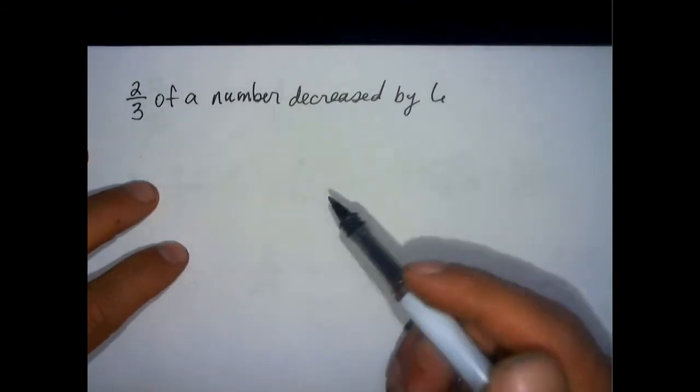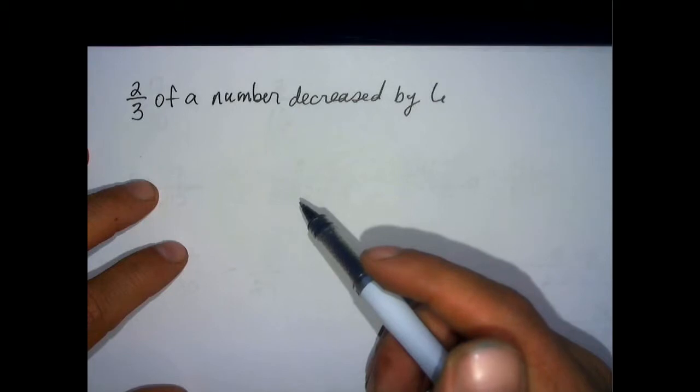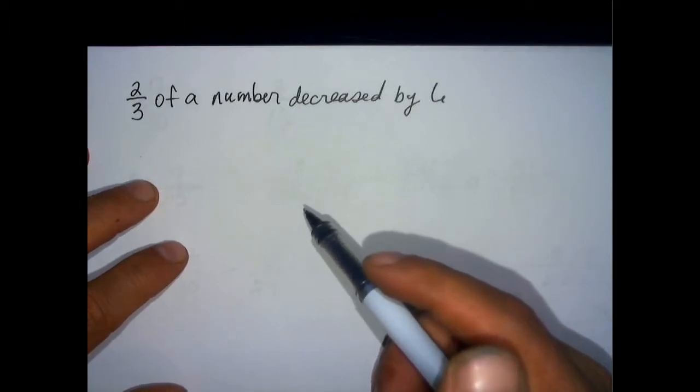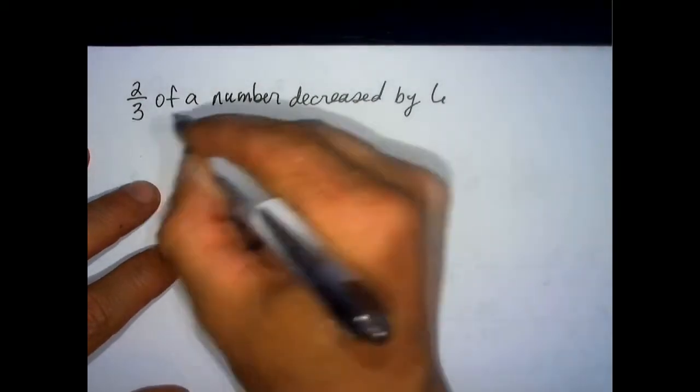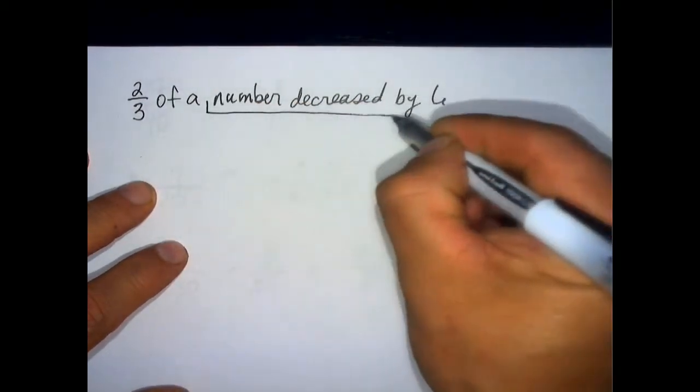Now, remember what I said about commas. Is there a comma? No. So we're taking 2/3 of a number decreased by 6.